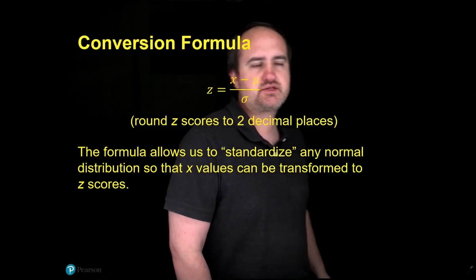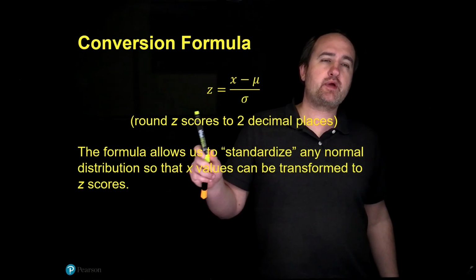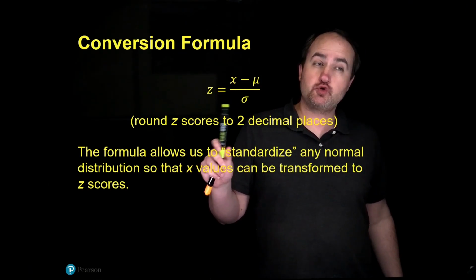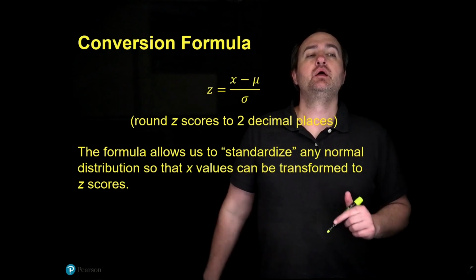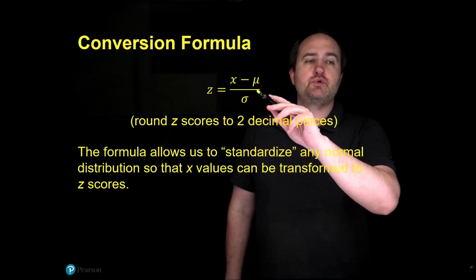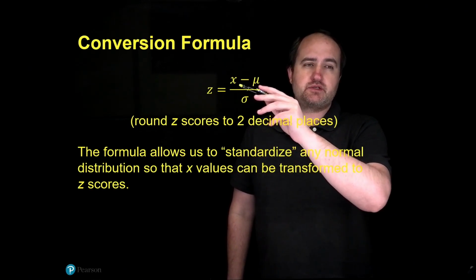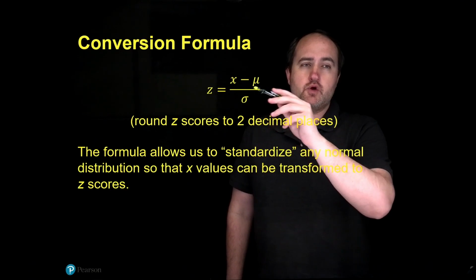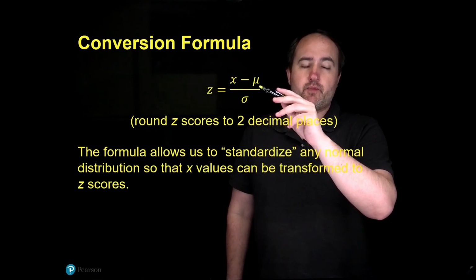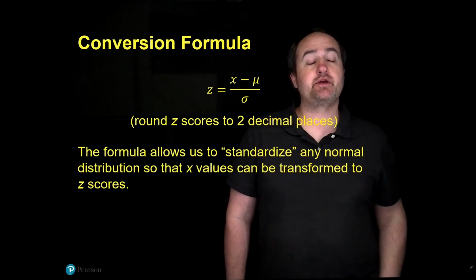We've already calculated z-scores earlier in this class, but now we get to see how useful this formula is. The formula is z equals x minus mu all over sigma, where x is the original data value, mu is the population mean, and sigma is the population standard deviation.